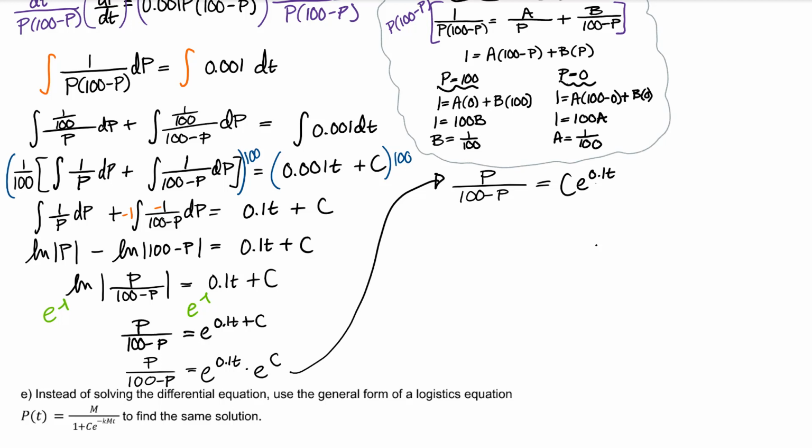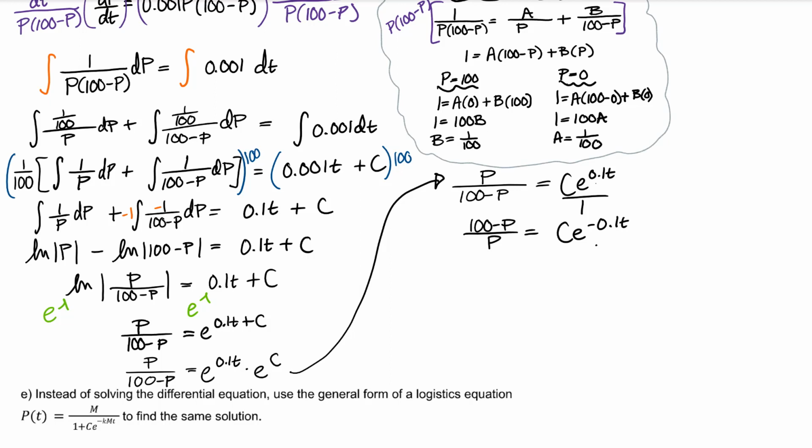To save a little time, I'm going to flip both sides of this ratio. 100 minus p over p is equal to 1 over ce to the 0.1t, or ce to the negative 0.1t. You may be confused as to why I did it that way, but it will become clear as we continue.